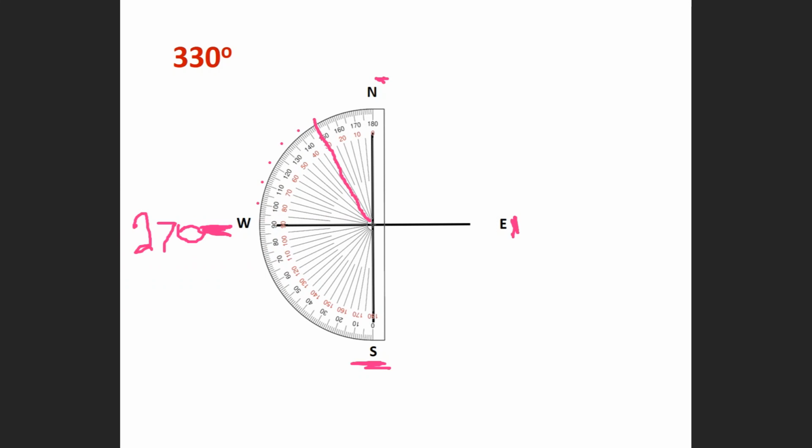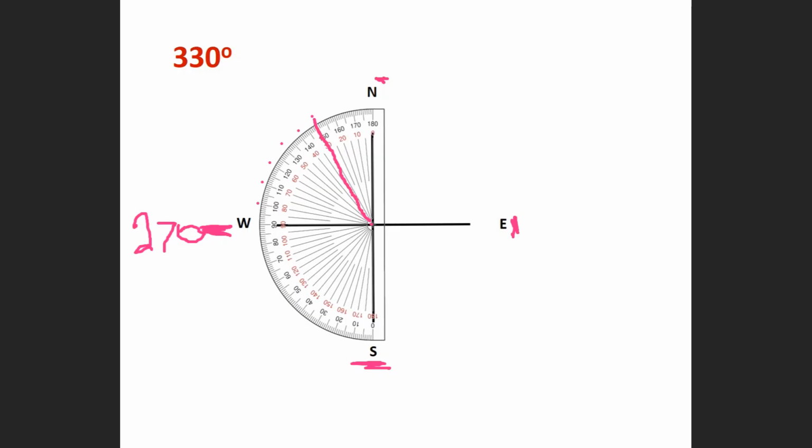We are using half of the protractor, but if we're using the full protractor, that will be a different case. We could just get 330 directly, but we're using half of it, which is the reason why I'm using it, because this is what's already available out there. So this part here now is 330, and I've drawn a straight line down to the point of intersection between the horizontal and vertical line.